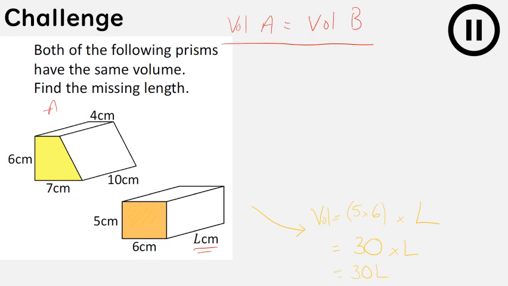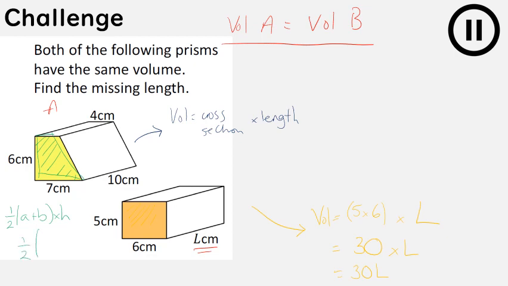And we're just going to have to stop there for a minute because I can't do anything else for that one. What about this shape here? Well, the volume is the cross section times the length. How do I work out the cross section? Well, what shape is it? It's a trapezium, isn't it? Area of a trapezium is half A plus B times height.